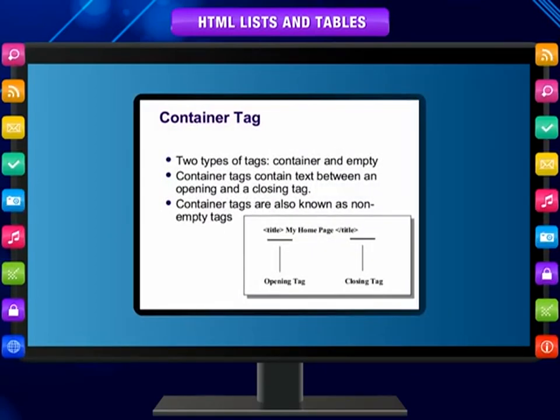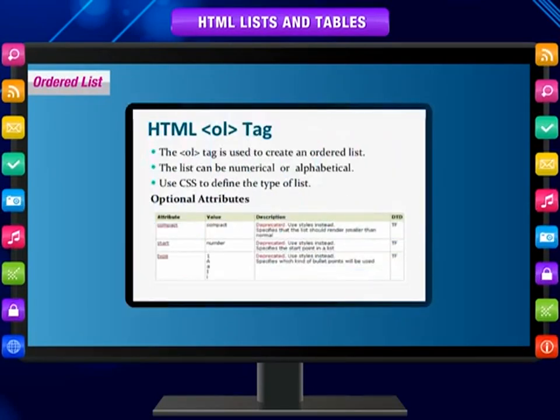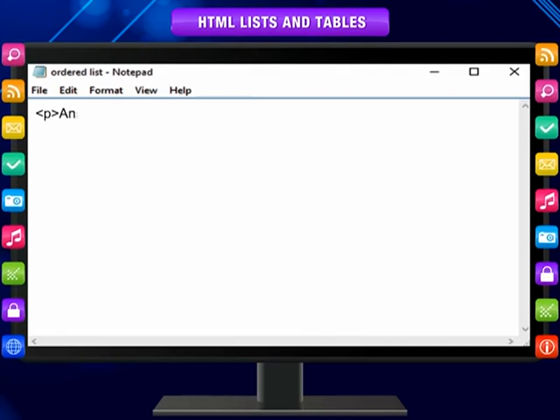There are two kinds of lists that are indicated by two kinds of container tags. Ordered list. This kind of list is numbered. It is indicated by a container tag OL. Example of ordered list. P tag. Answer the following questions. /P.